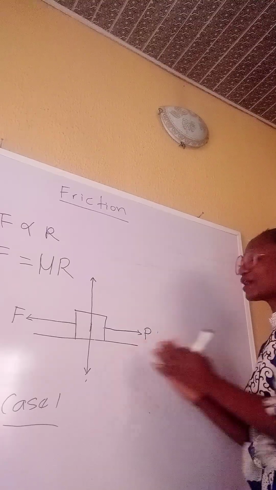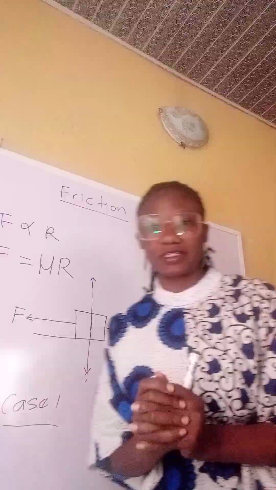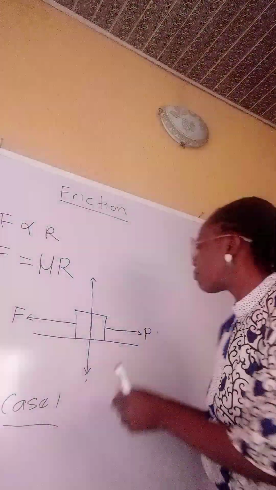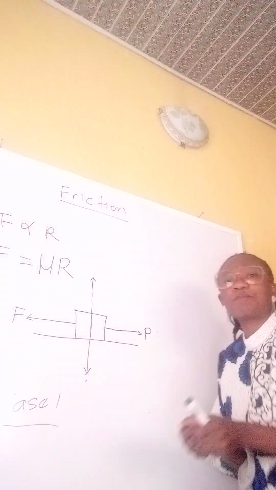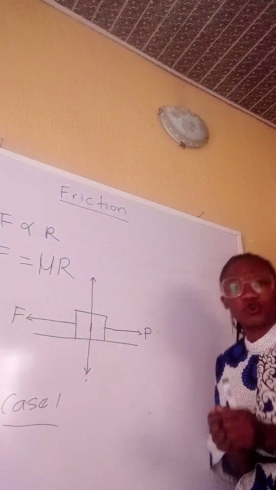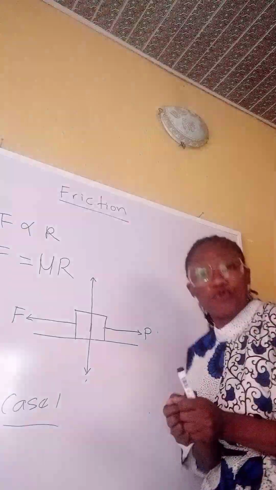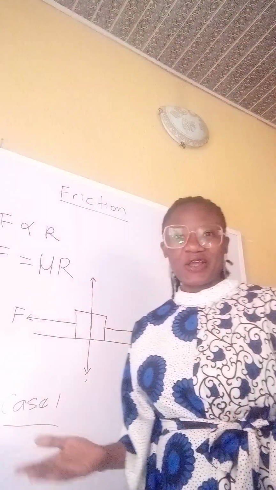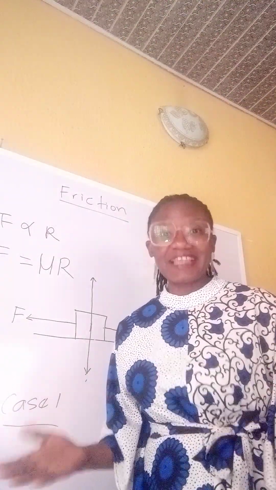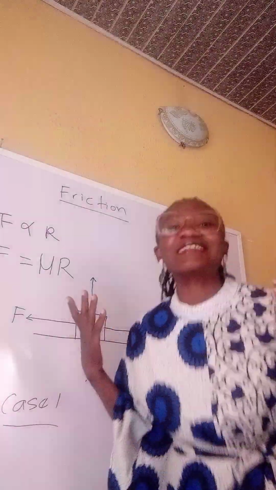Let's start with the simplest. I want to move this body from this position to this position, and I'm pulling, but the body refuses to move. I pull, the body refuses to move. What does that mean? Do you know? It means that there is no acceleration.